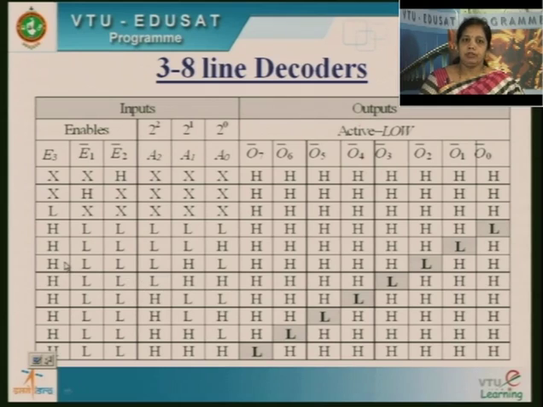Similarly, if you take the second combination, 1 0 0, it will be O1. So you can just see you are getting the active low output based on these 3 input lines plus enable lines. So these are the combinations that I am going to generate using the 74138 decoder. So this decoder has got 3 enable pins.